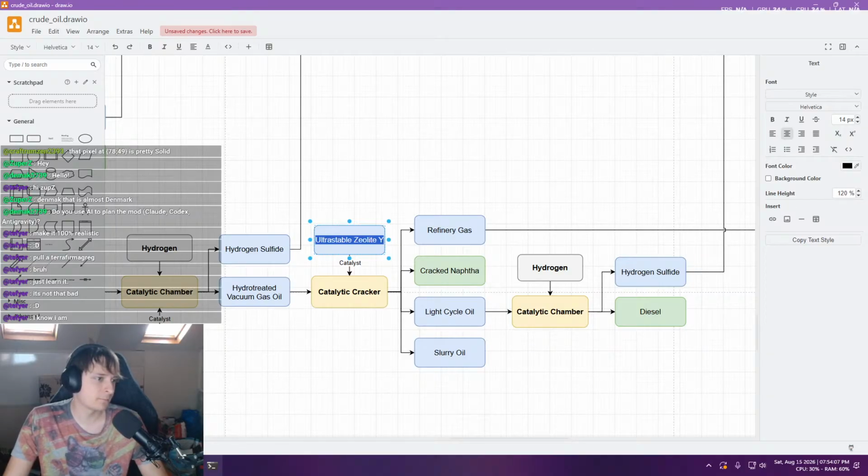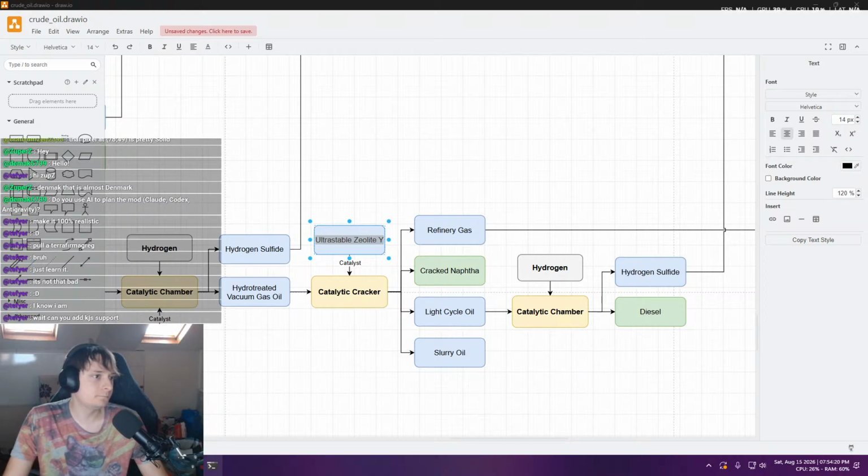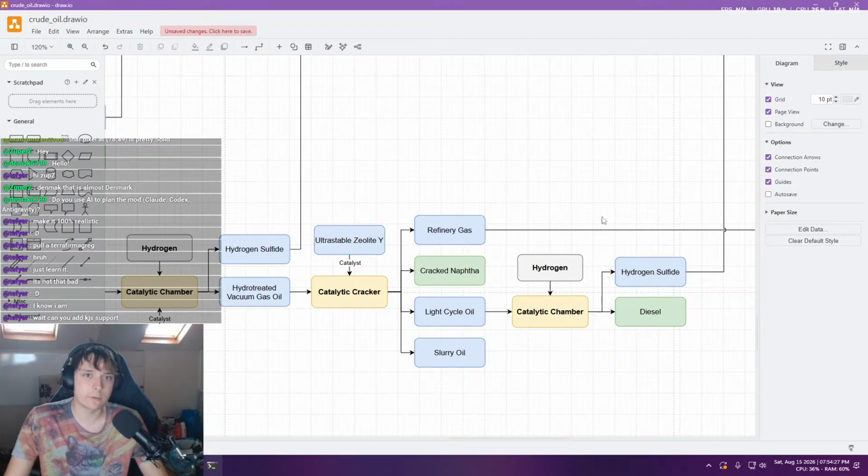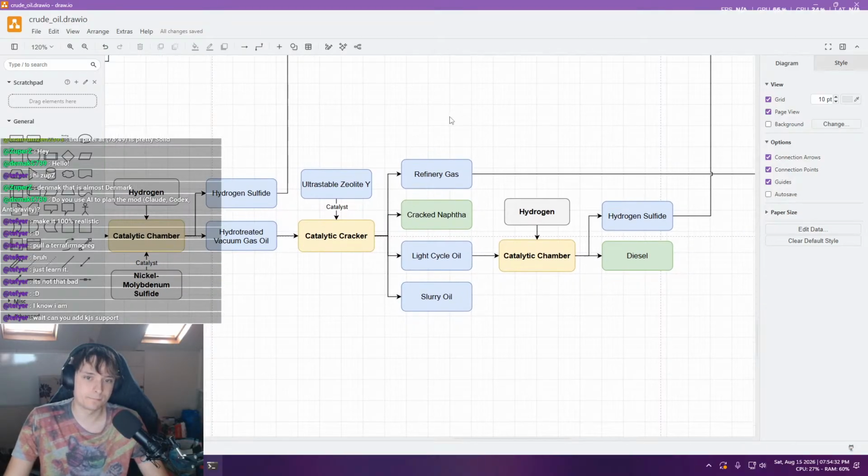There's also USY. I don't know what that is, but that's a thing. There's also a coked FCC catalyst. You can't learn this. There's entire degrees for this for a very good reason. Because it's just a lot. So yeah, that's why.